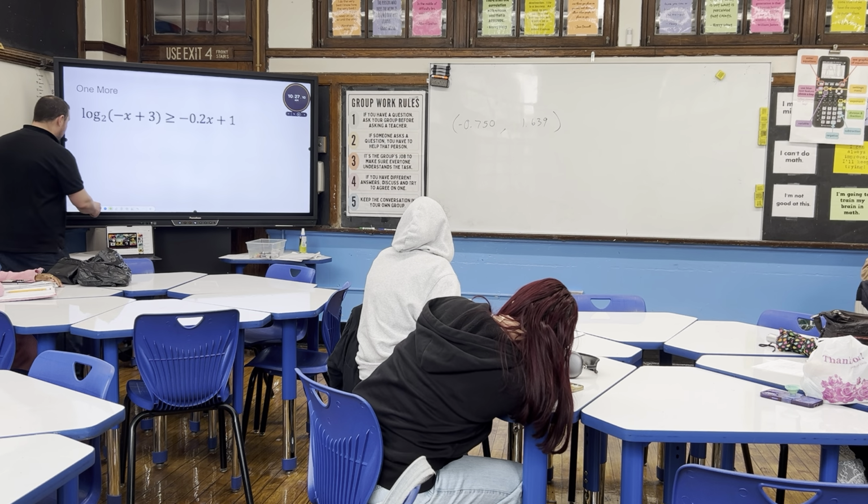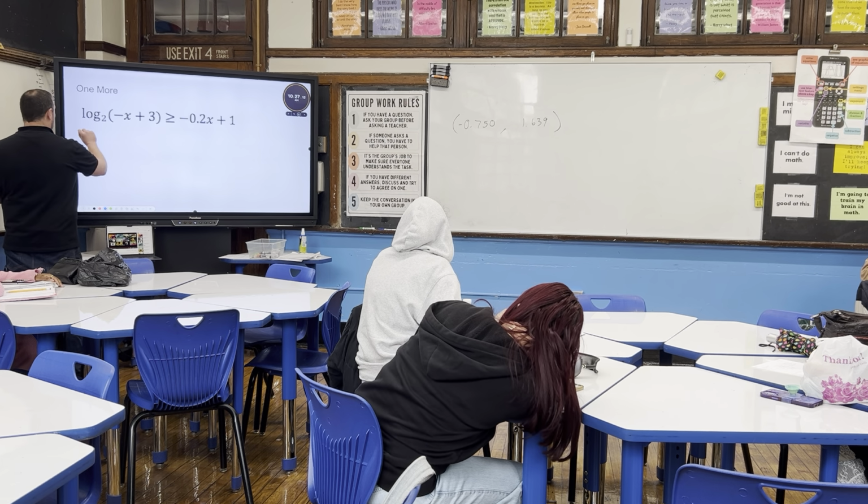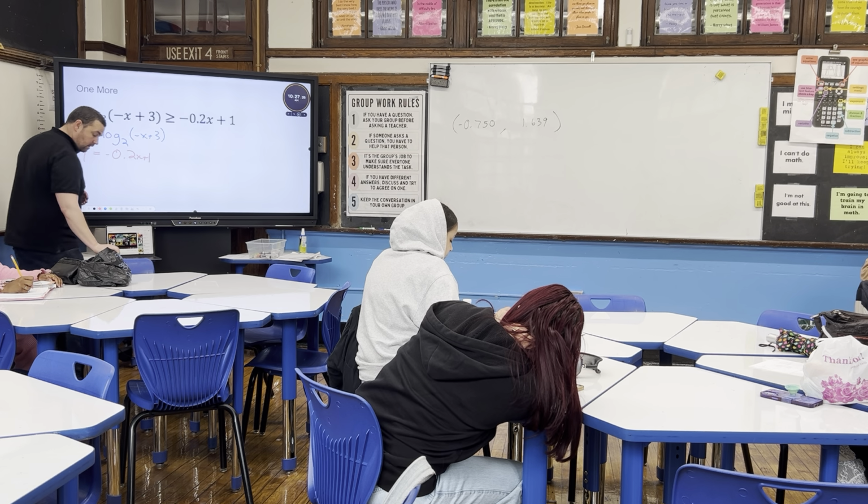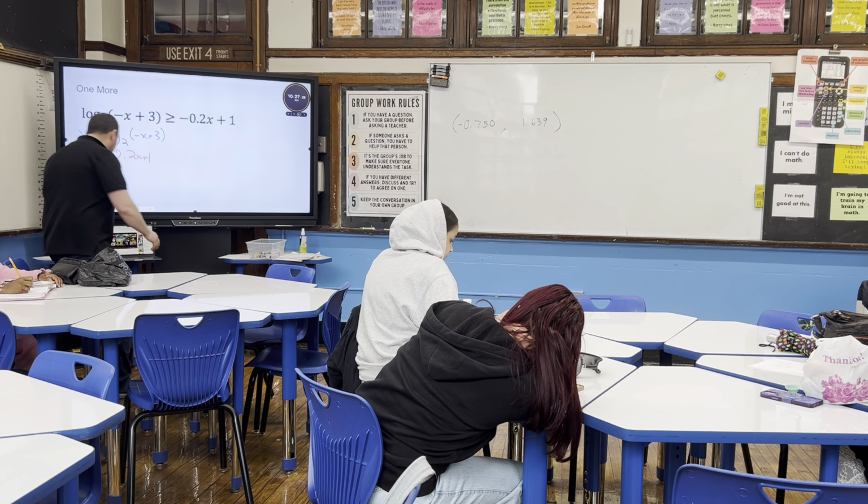We're going to graph, I'll try to do this the right way now, y equals log base 2 of negative x plus 3. And we're going to graph y equals negative 0.2x plus 1. And I'm going to graph these with my own TI-84 graphing calculator.